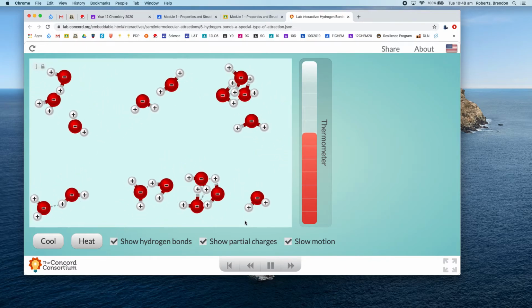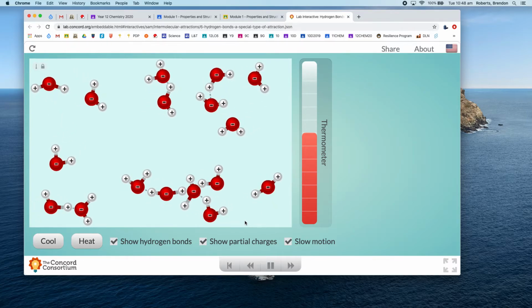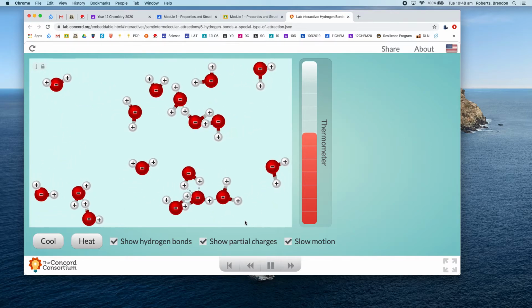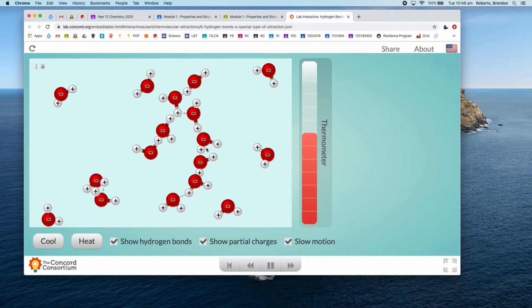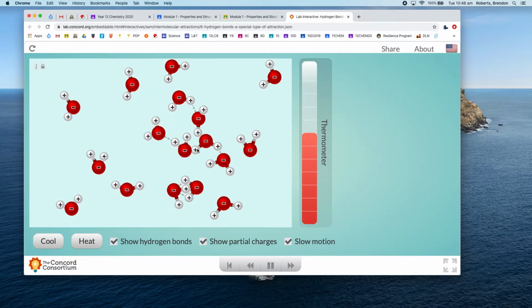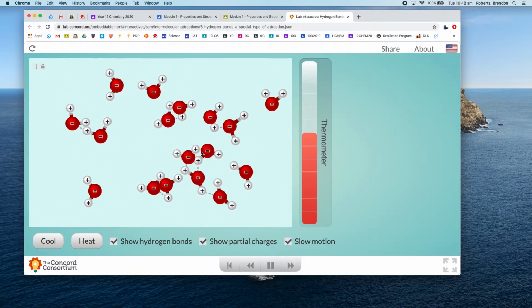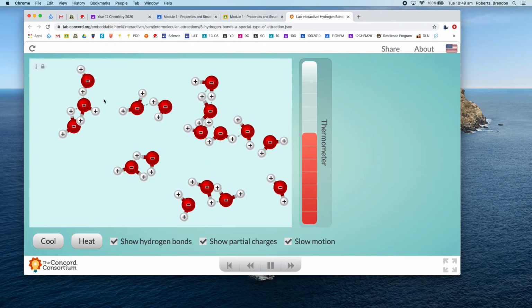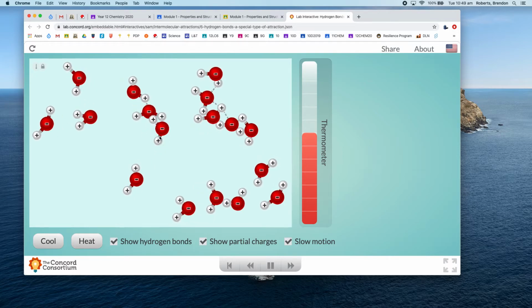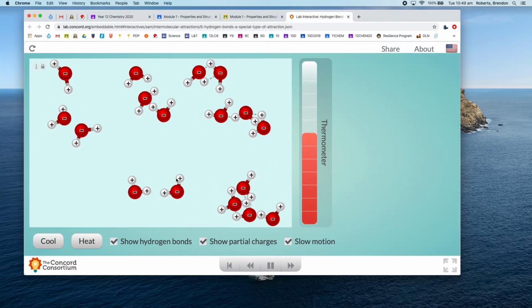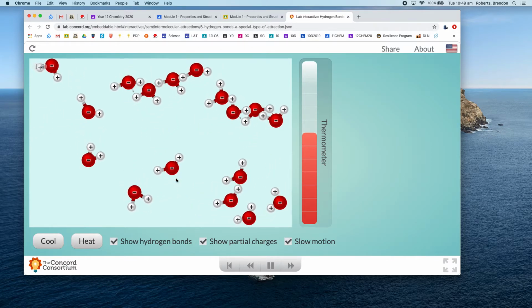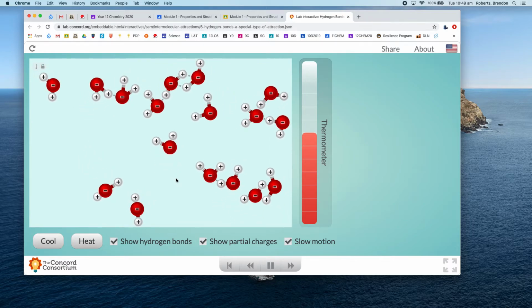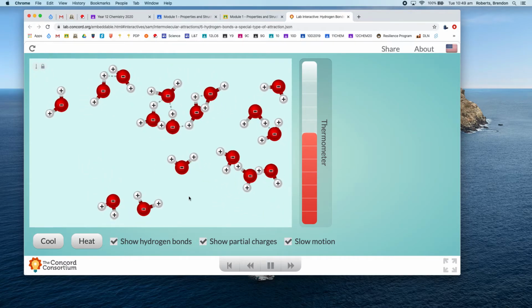But notice where these grey lines are, they're between molecules. The actual covalent bond between the positive and negative doesn't move or change. It's just these grey lines come into existence when they're closer and closer. These are the hydrogen bonds. Terrible name. It's the strong dipole-dipole attraction.